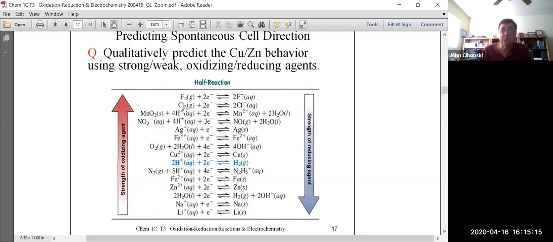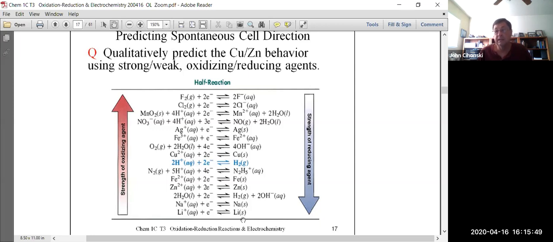Now, as we go down here, you will see that some of this really doesn't make sense. Now, think about sodium metal or lithium metal. Do they want to gain an electron? So if you throw lithium plus into a mixture, does it want to go back and form the lithium metal? No, not in most cases.